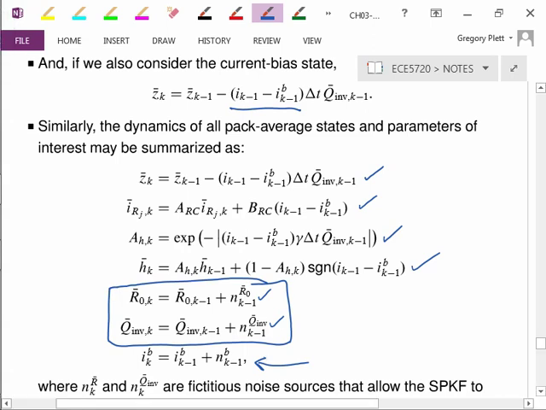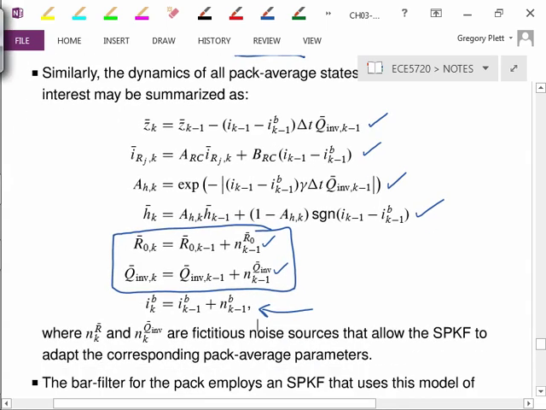The idea here is we're doing some parameter estimation, some state of health estimation, trying to track a varying capacity and resistance. This is a bit of a preview of the kind of thing that we'll look at in the next chapter in order to estimate how the battery pack is aging.